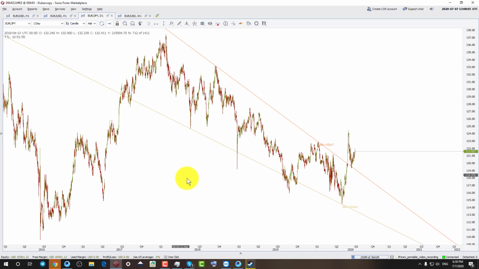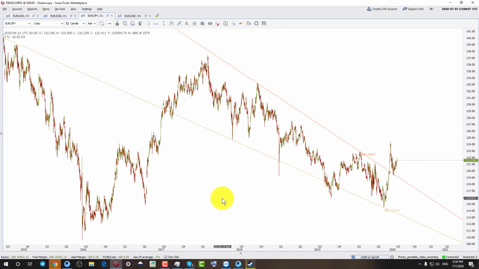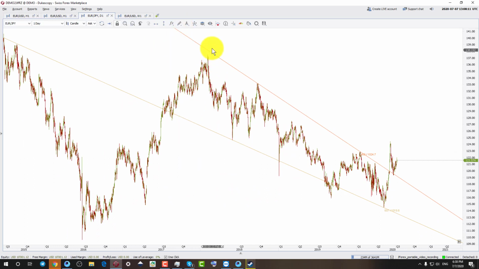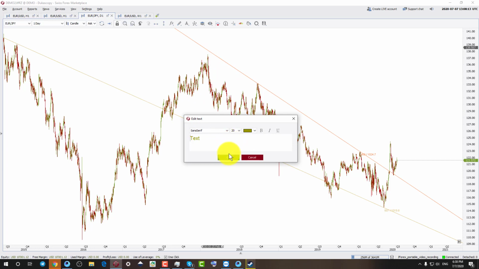I have taken out one example from the Euro JPY chart. Of course it will not be a textbook example, but we will try to match it with that.